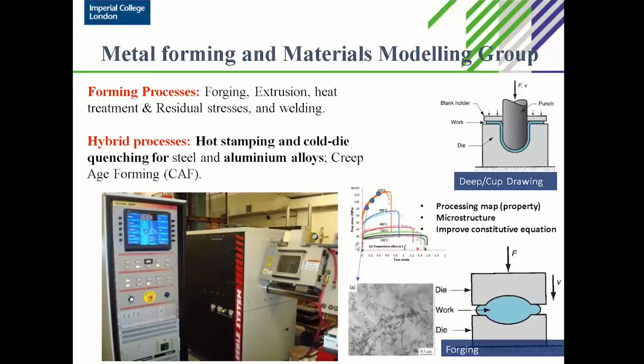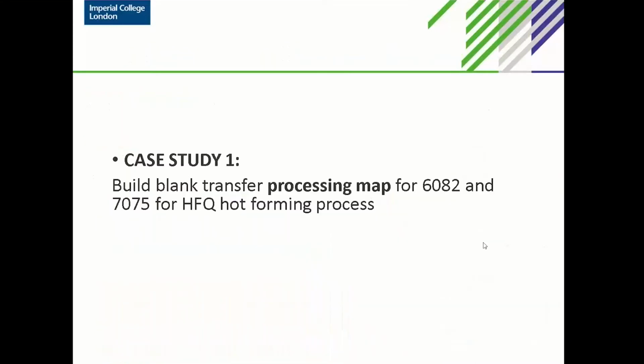I'm going to talk about how we use the Gleeble to build processing maps and to aid our microstructure understanding and microstructure evolution during this process, and how we base on the microstructure to improve the constitutive equations. I'm going to give 3 case studies here. The first one is building a blank transfer processing map for 6082 and 7075 for HFQ hot forming processes.